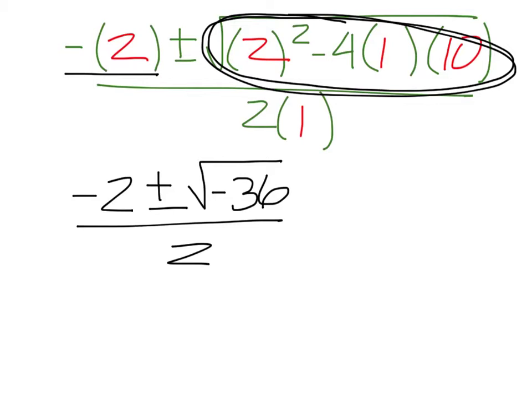Now, sometimes you have to simplify these because it's just what happens. Is there anything about this expression that you see that we need to do next? Yeah, we got to simplify what?